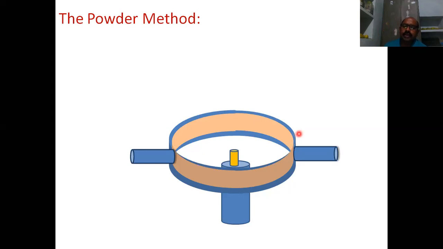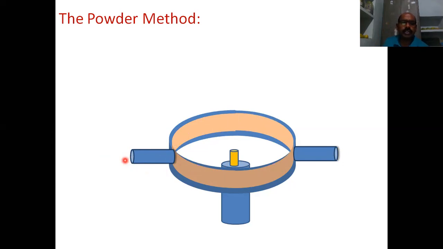The light rays go straight away, and some X-rays get scattered in all directions, and we observe the phenomenon here.